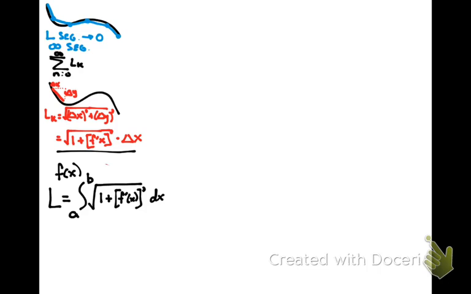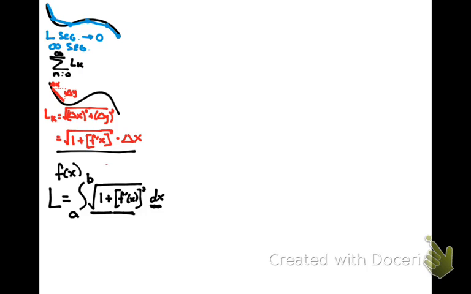That this integral represents that summation process of taking the lengths of segments, getting an infinite number of them, and the length of each segment is smaller and smaller. The change in x gets closer and closer to 0.